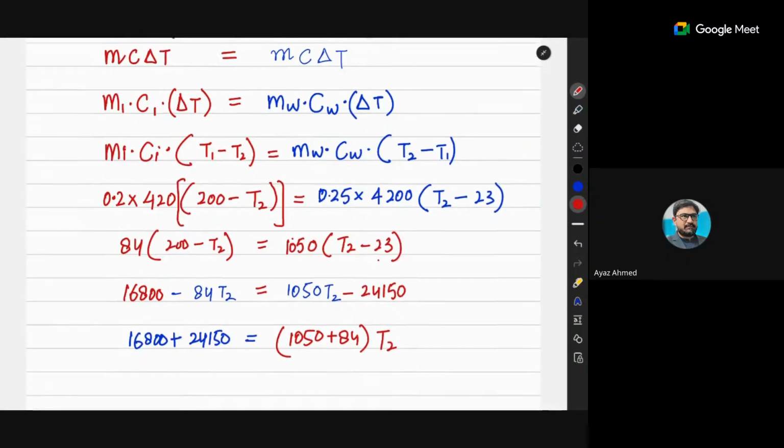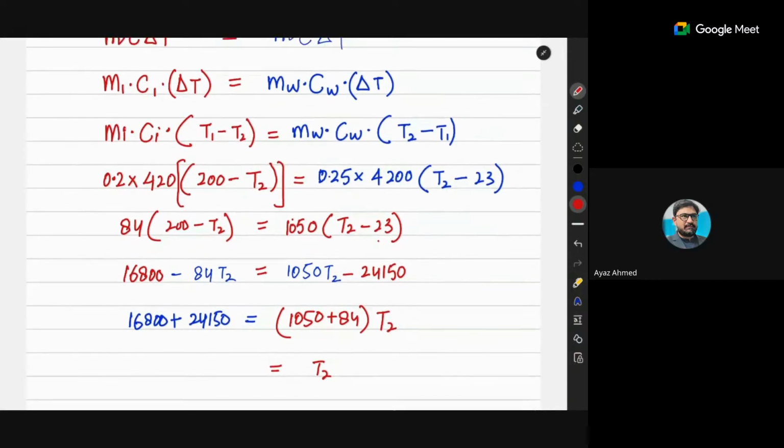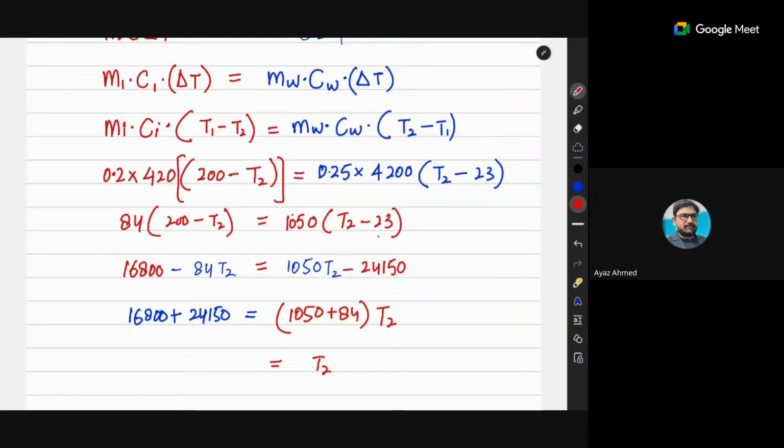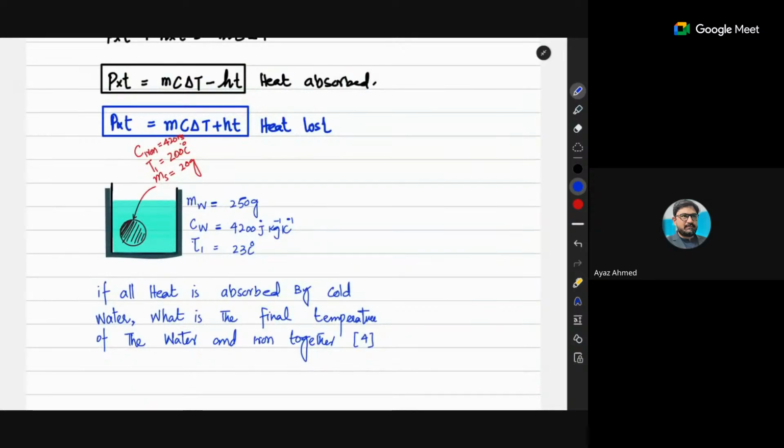So what will be your T2? Tell me the value of T2. 36.1. So the final temperature of the water is how much? 36.1. You got this point?